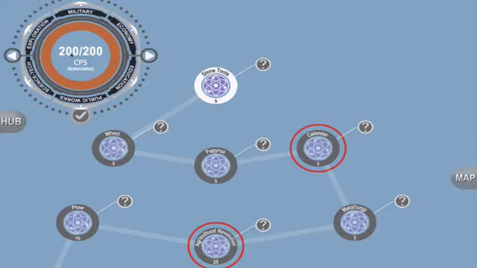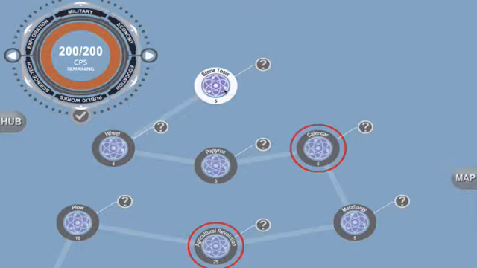I start Epoch 1 with 200 culture points to spend, and so my balance is here. I've not purchased anything, so I have 200 out of 200 points. I can purchase those advancements that are white. I'm working from the earliest advancements to the most recent advancements.